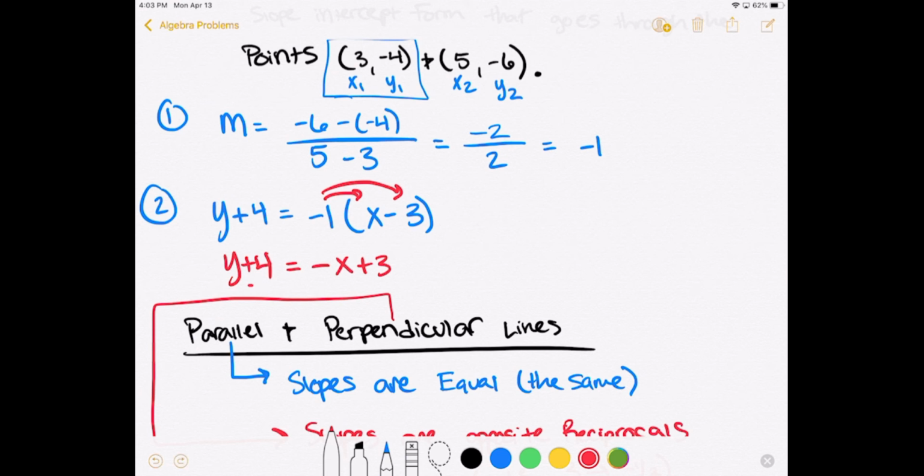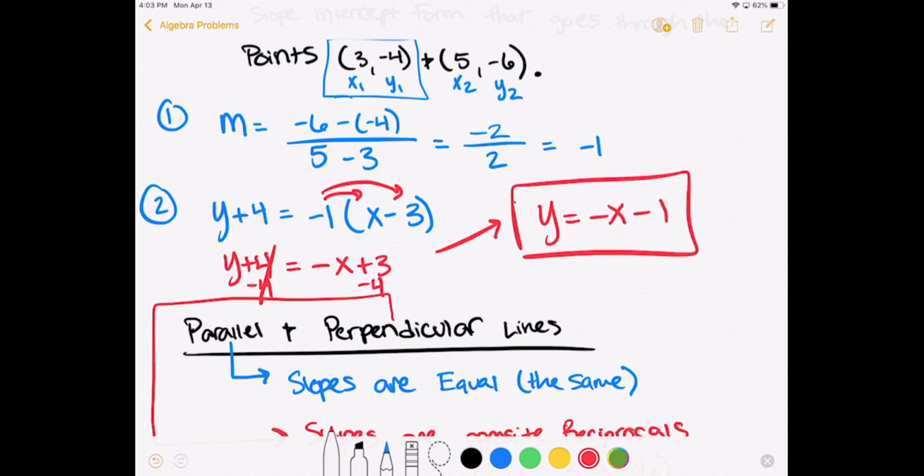He's a positive 4, so I'm going to subtract it. So in the end, my equation becomes y equals negative x minus 1. And that's my equation. My slope is negative 1, and so is my y-intercept.